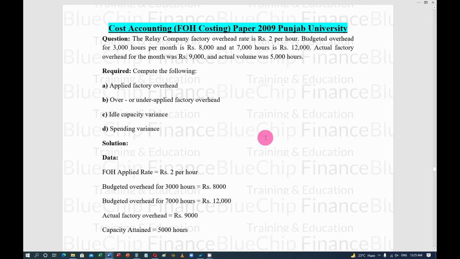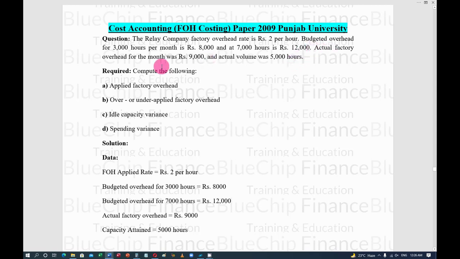The next question, on the high-low method, is taken from paper 209. The Relay company's factory overhead rate is rupees 2 per hour, so the FOH applied rate, or absorption rate, is rupees 2. Budgeted overhead for 3,000 hours per month is rupees 8,000, and at 7,000 hours is rupees 12,000. So there are two different activity levels.